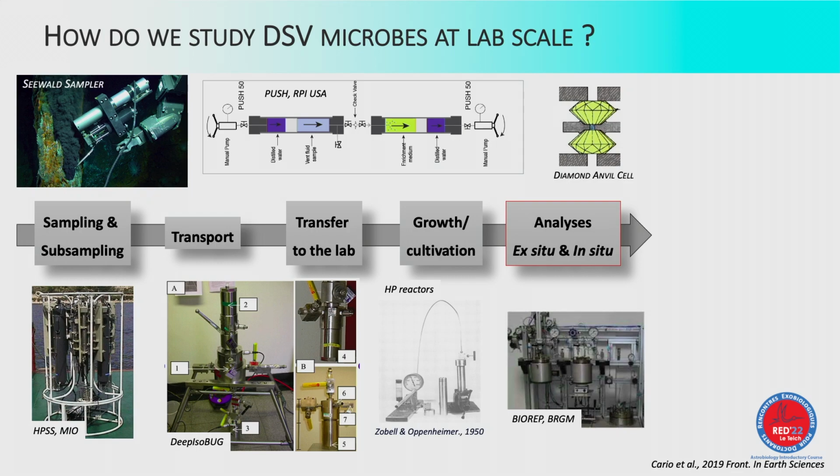Those are stainless steel vessels, so you can do batch cultivation, but also continuous fluid cultivation. Then you analyze the samples ex situ, by decompressing them, or in situ under high pressure conditions, for example using the diamond anvil cell. Here is the big challenge for deep sea vent samples: to maintain the in situ pressure.